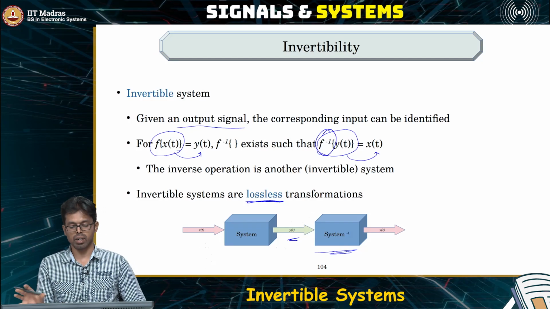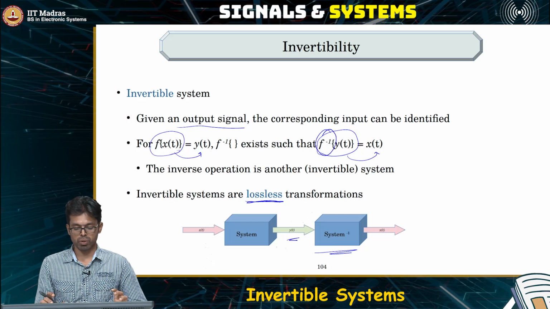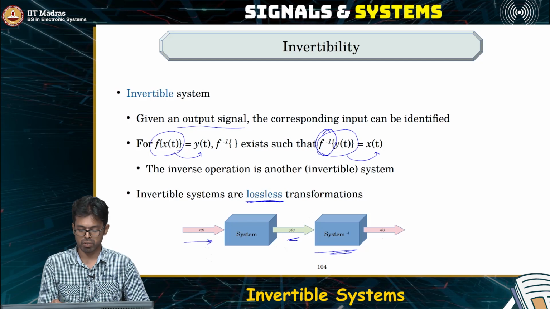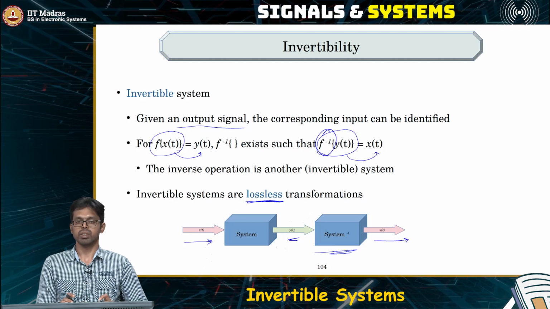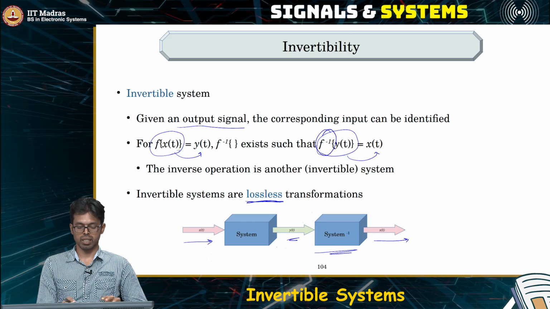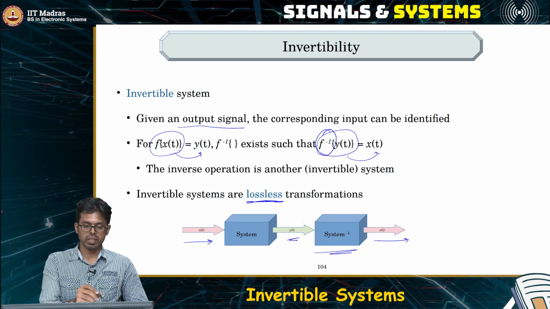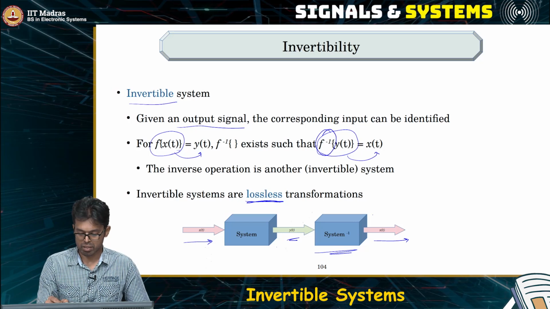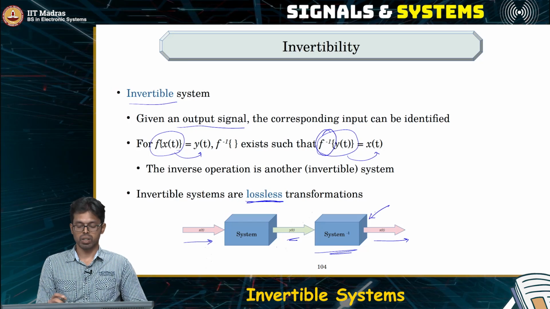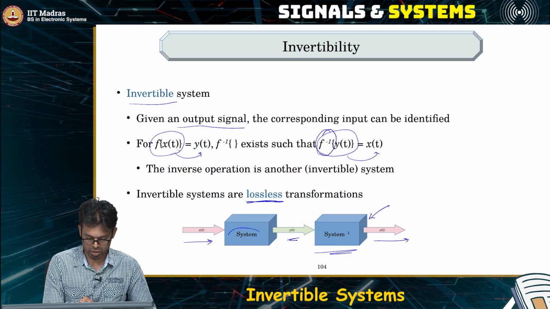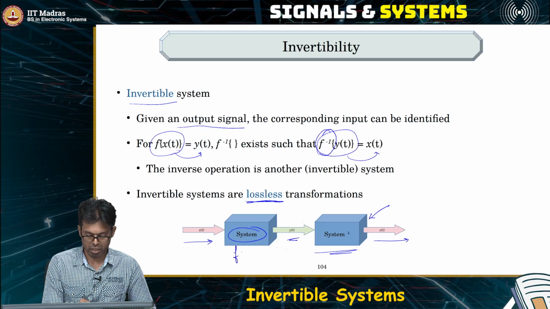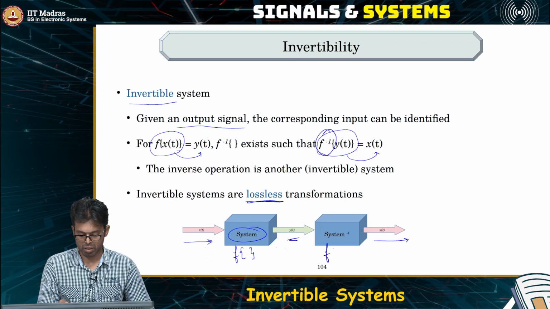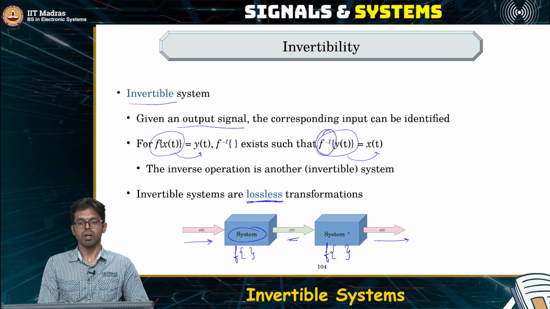So now you can construct another system. If you put these systems together, then whatever you feed in here as the input will always come out here as the output. If it is possible to construct such a setup, then we say that this system is invertible. Obviously this inverse is also an invertible system, right? Because this is one system that does some kind of mapping, and then there exists some other mapping which will revert it back.